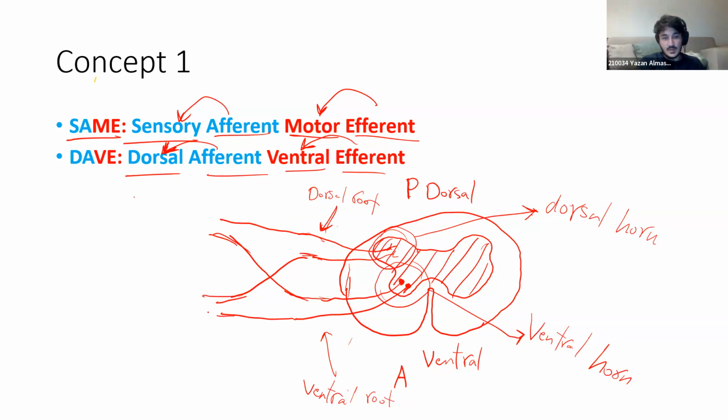So this part here will be called a ramus. And again, just according to anatomy, this will be dorsal and this will be ventral. Tamam? Now, is everything clear so far?